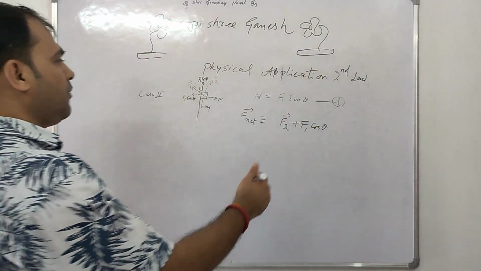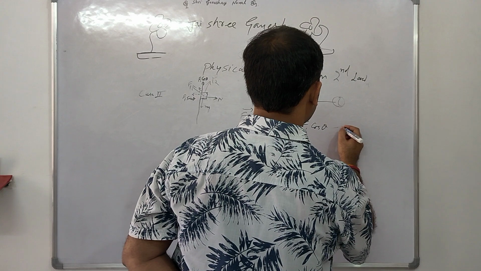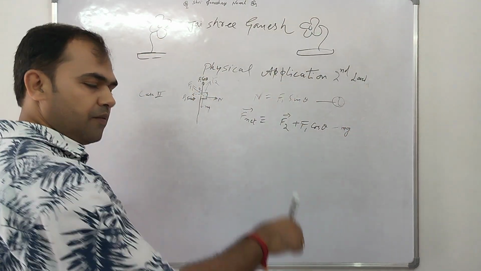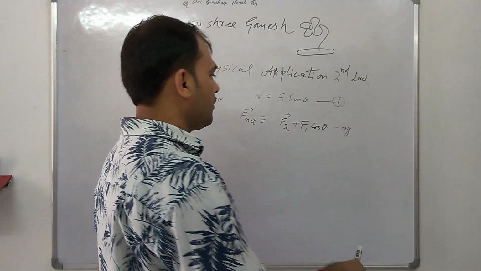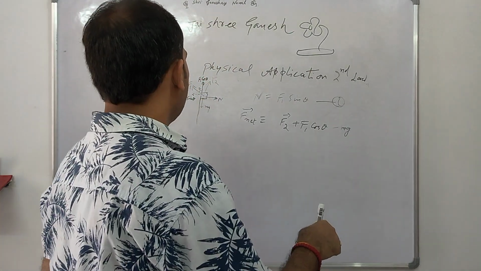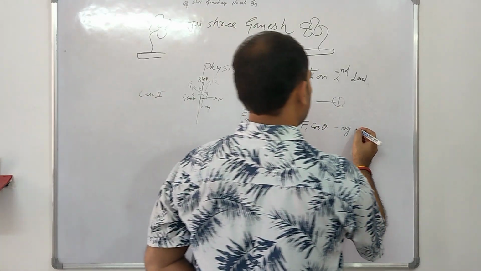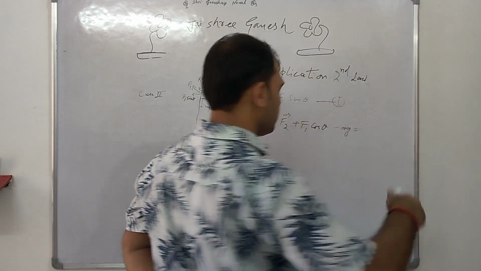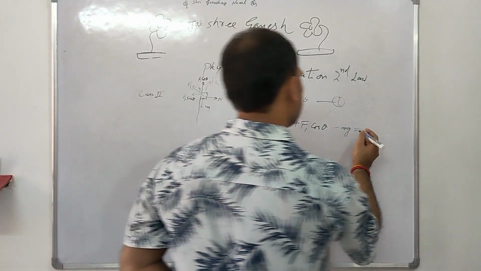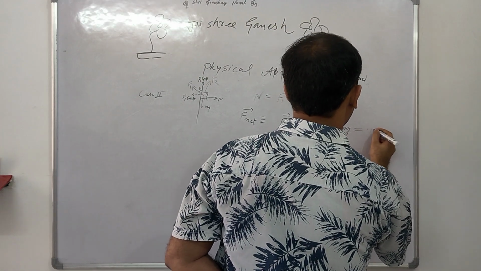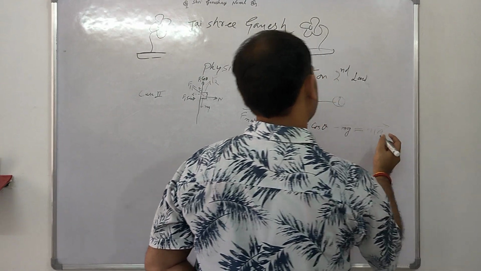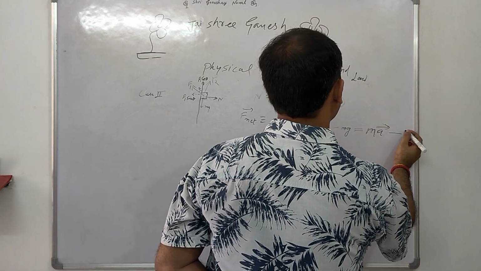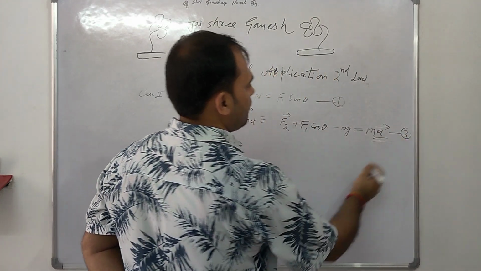Now mg is acting vertically downward. This will be equal to m into a. From here we will find the acceleration of the body.